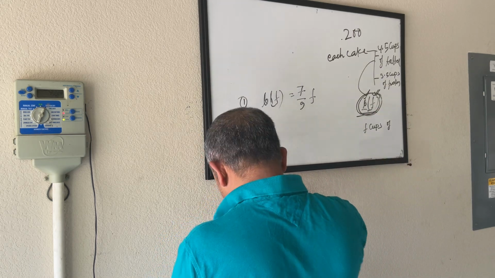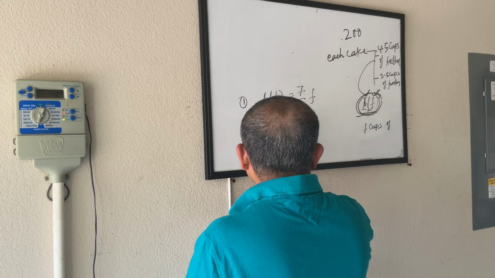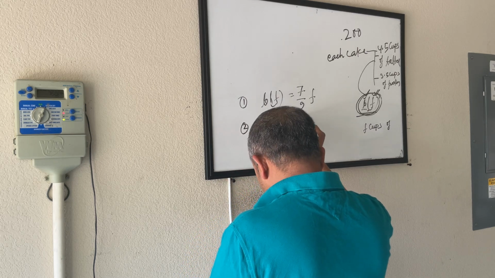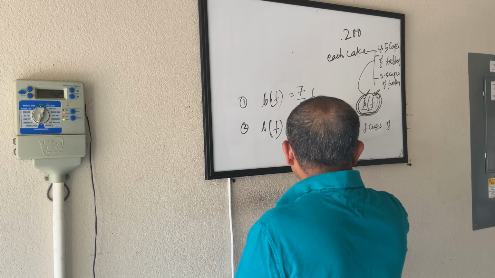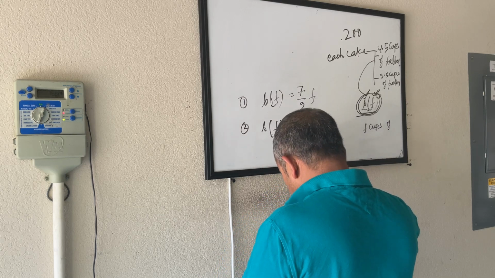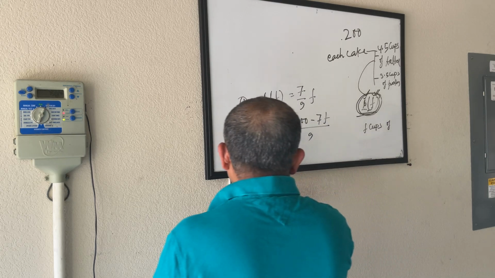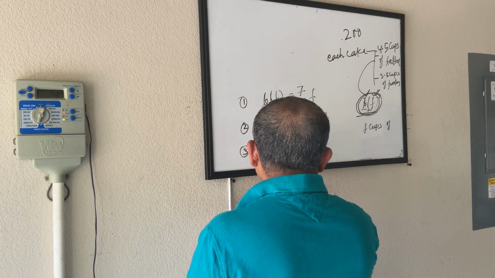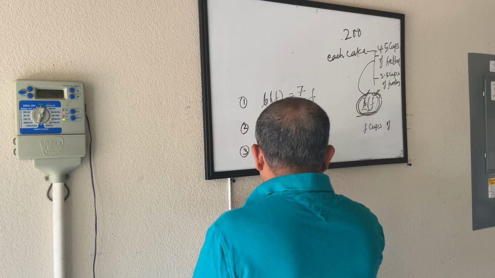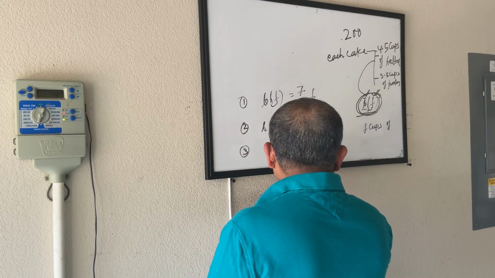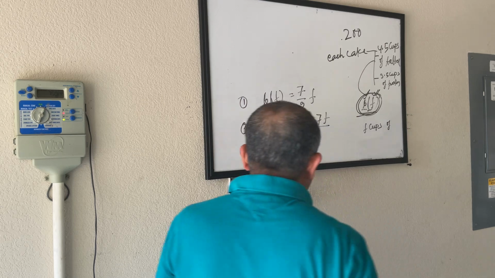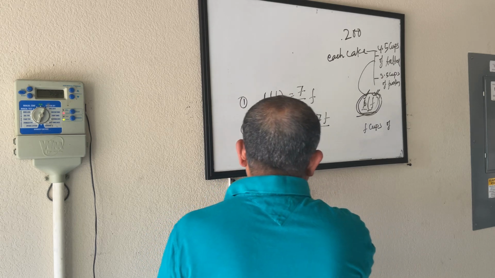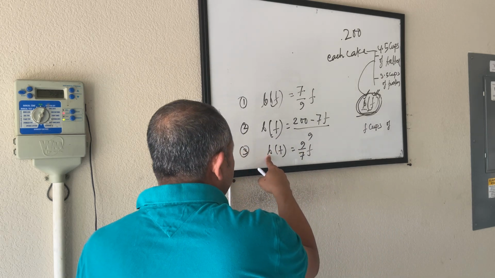Option 2: B of f equals 200 minus 7f by 9. Option 3: B of f equals 9 by 7 of f, where again f is the number of cups of frosting and B is the number of cups of batter.